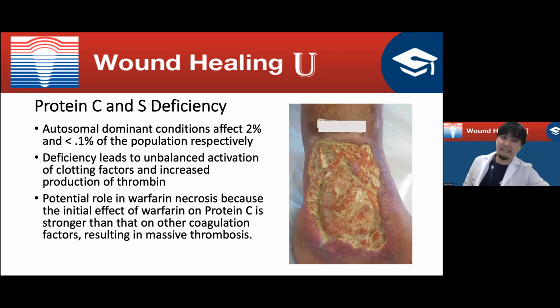And protein C and S deficiencies are autosomal dominant conditions affecting 2% and less than 0.1% of the population. And the deficiencies lead to unbalanced activation of clotting factors and increased production of thrombin.